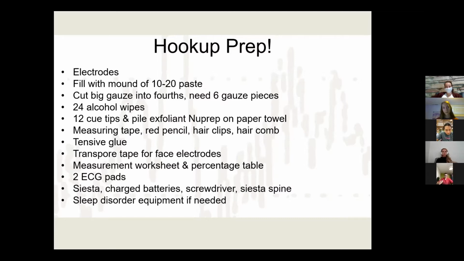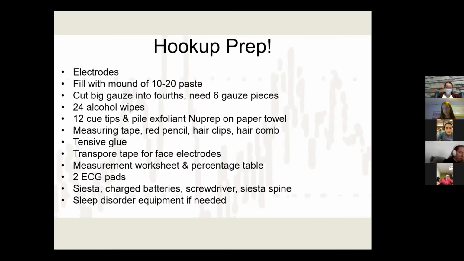So hookup prep, this is super important whether you're doing a practice hookup in the lab or doing a hookup during a study. You always need to prep beforehand. It'll just make your life so much easier. So you want to get all of your electrodes that you'll need. You'll fill them with 10-20 paste, which is a conductive paste, and this is just helping make that impedance low.